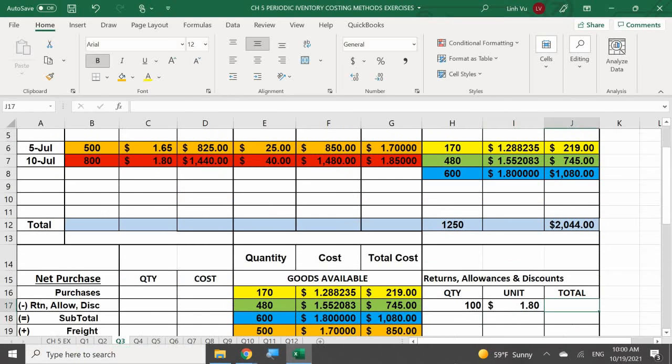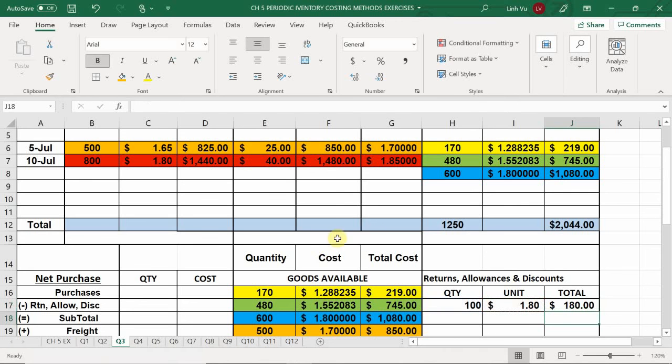So what was my grand total refund for? $180.